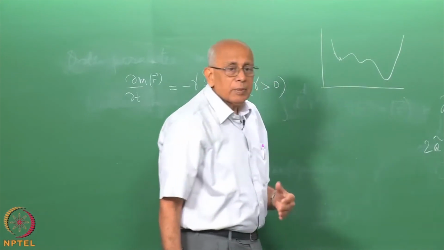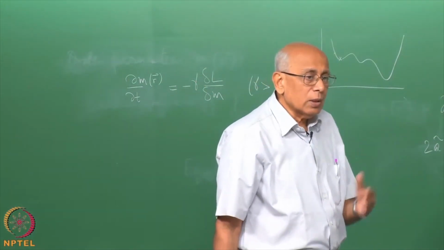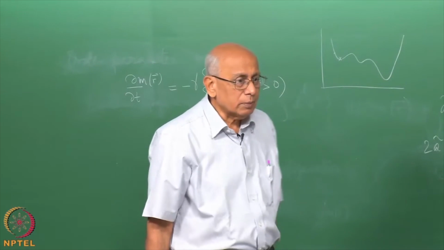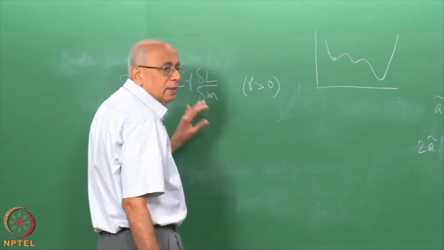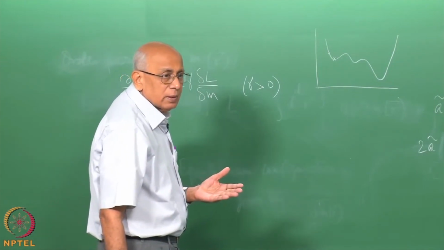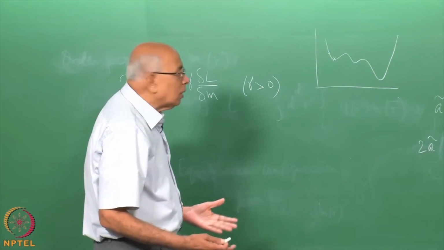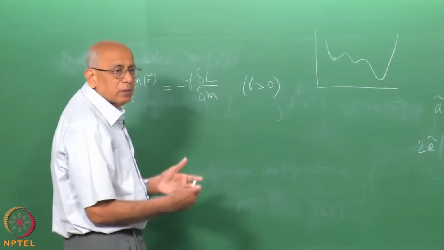So, it is clear there must be some fluctuations which take you out of these local wells and put you into the global minimum. Therefore, to this you must add a noise term which mimics the effect of fluctuations. But this noise must itself be inhomogeneous because it is a function of r, because you have got an order parameter which is a function of r now.